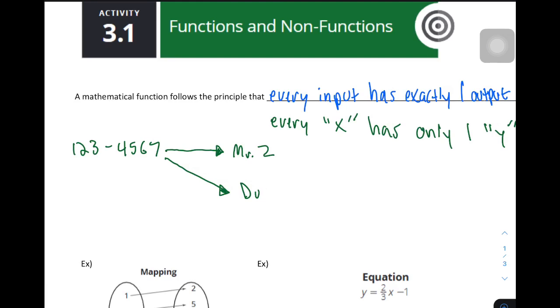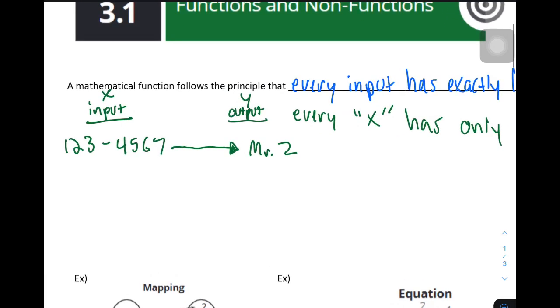So with functions, think of it as the same thing. In order for a function to work correctly, every input has to go to exactly one output. Every x has to go to exactly one y. With these cell phones, you understand that one phone number should only go to one person, right?